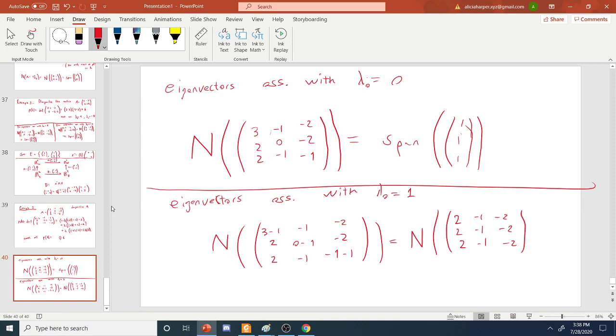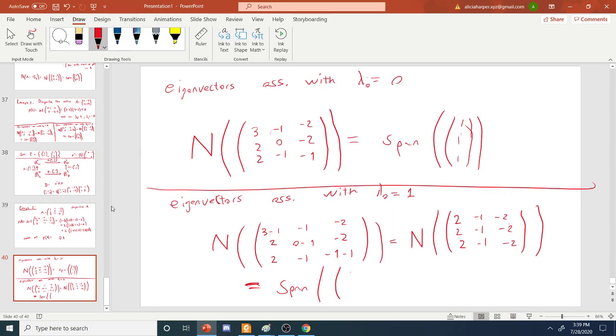Note that these column vectors are both multiples of the first column vector. So you can check that the column space of this matrix has dimension 1, which means the null space has to have dimension 2. And it's very easy to find two vectors in the null space. I'm just going to exhibit them.